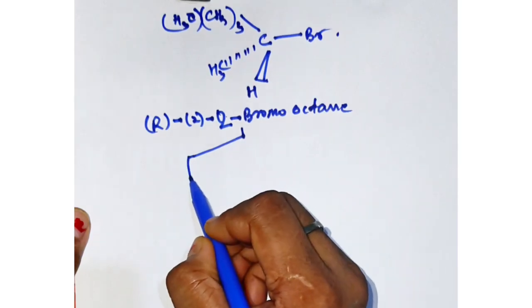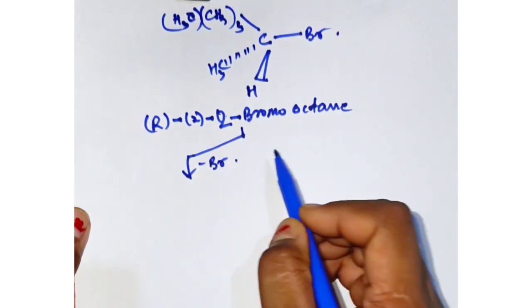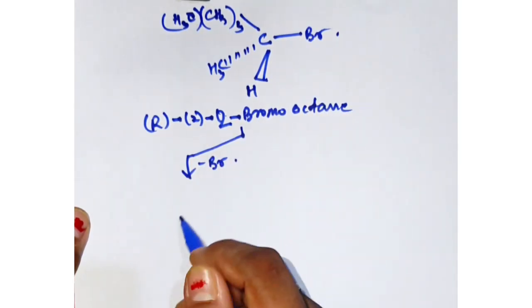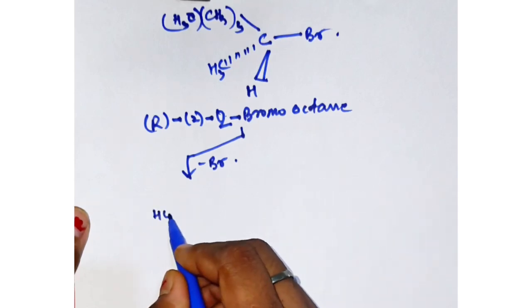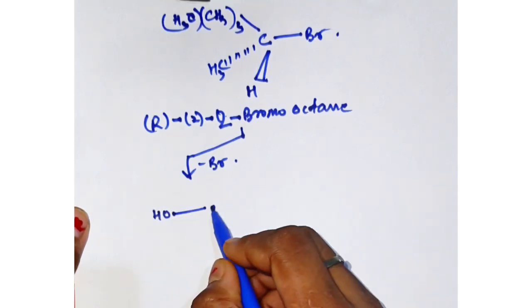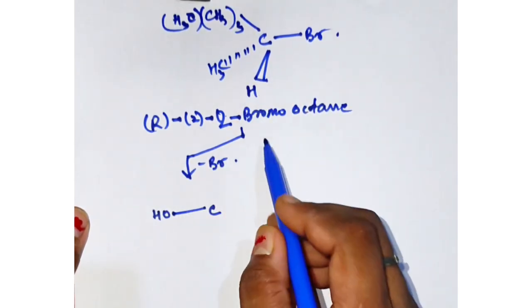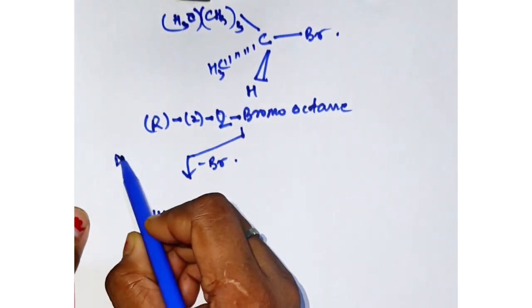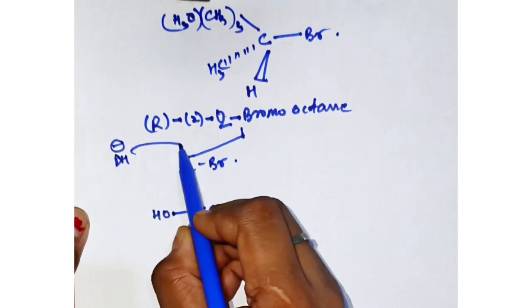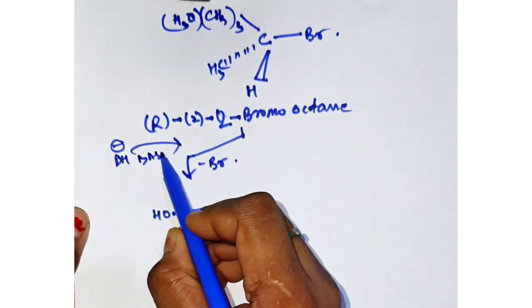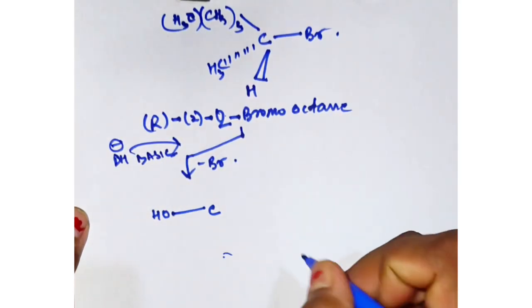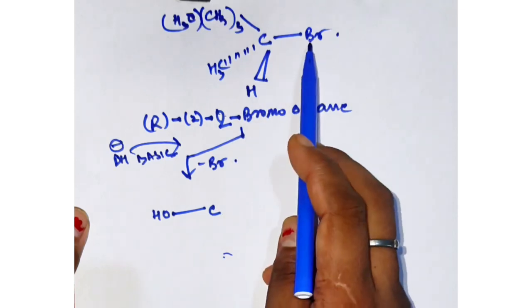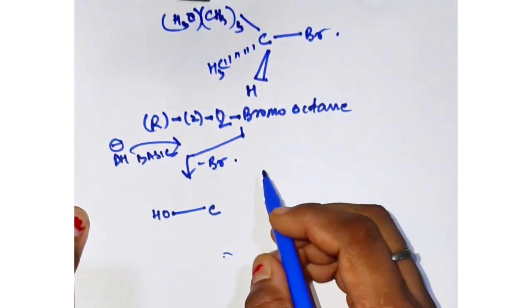So here if the Br goes out, then what will it form? It will form like this, OH will attack. Suppose you have water, a basic attack, that means OH minus ion attack. At that time what happens? This OH will go in the opposite direction and attack the carbon atom.